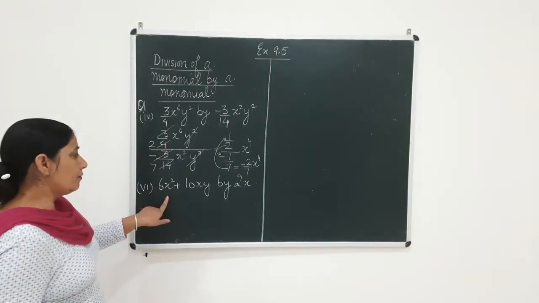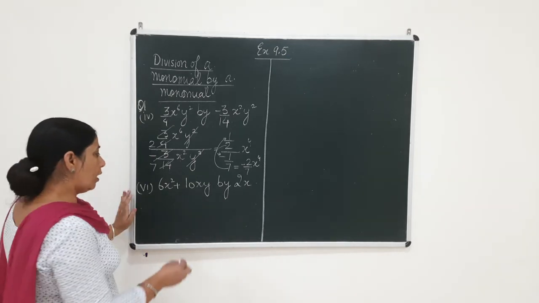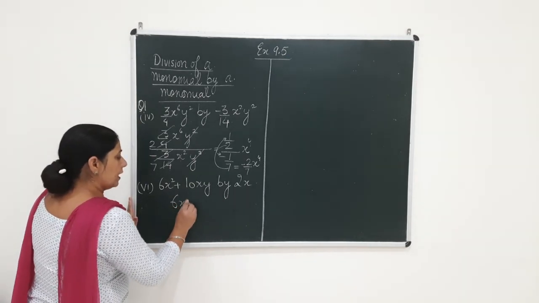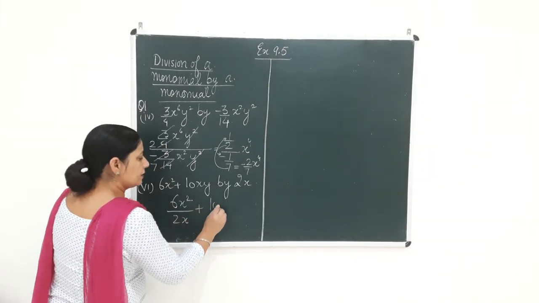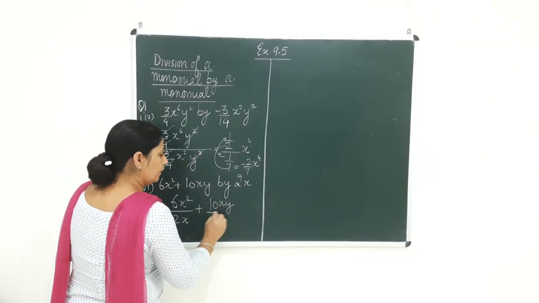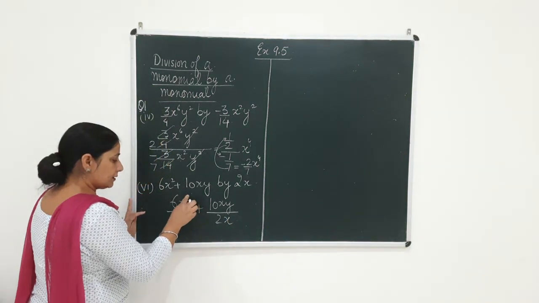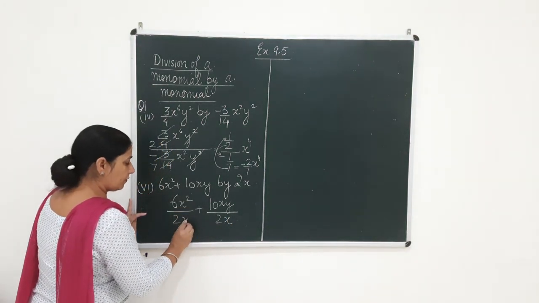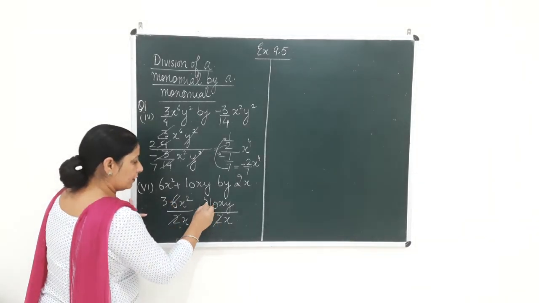Now children, if I have a binomial divided by a monomial, then how do I have to divide it? 6x square will be divided with 2x, and 10xy will also be divided with 2x. Now x, 1x, okay, let's do the subtraction afterwards. 2 3s are 6, 2 5s are 10, okay.